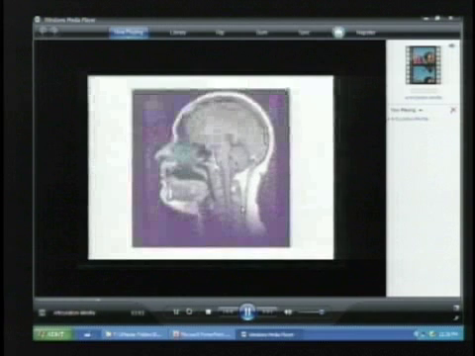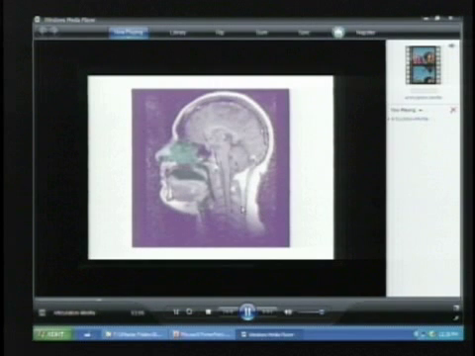Now let's identify some of the structures that can change the shape of the vocal tract. In this image, we see the lips, jaw, tongue tip and blade, tongue body, tongue root, soft palate, pharynx, nares or nostrils, epiglottis, and larynx.